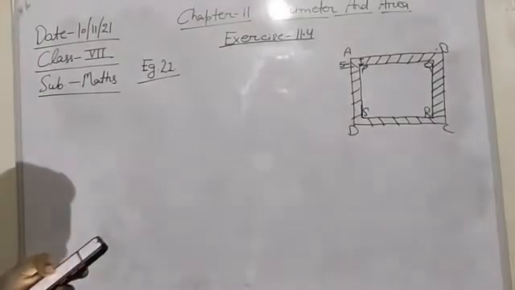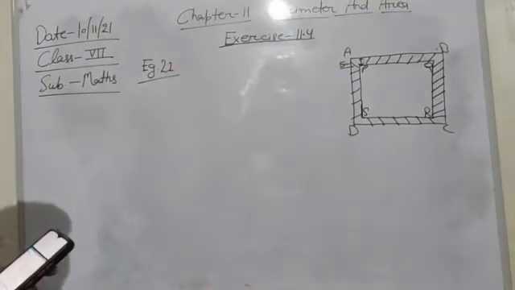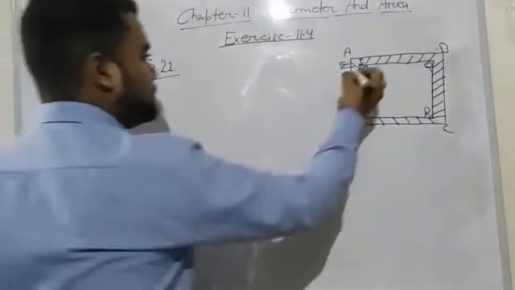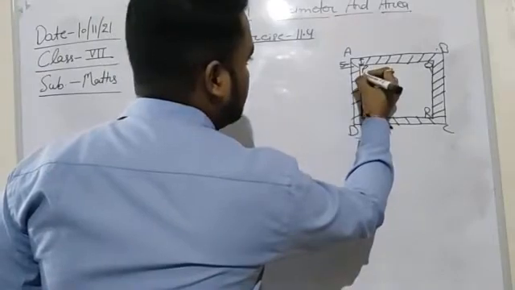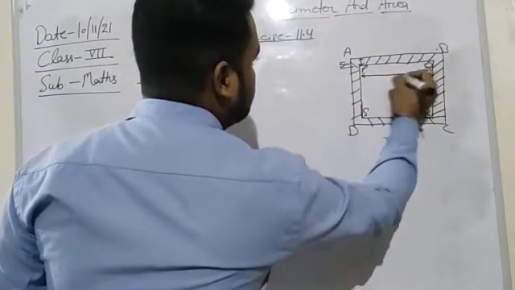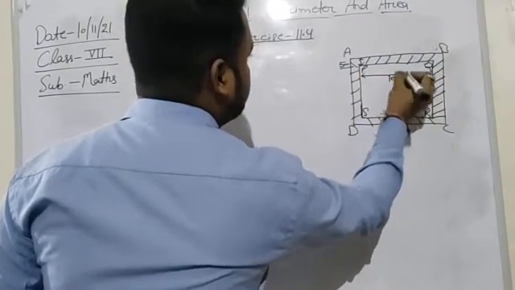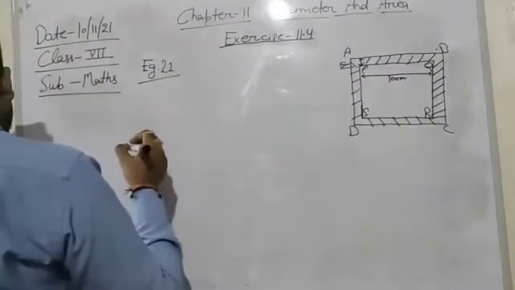So what is the measurement of the side of this square? That is 100 meter. It is given. Okay.